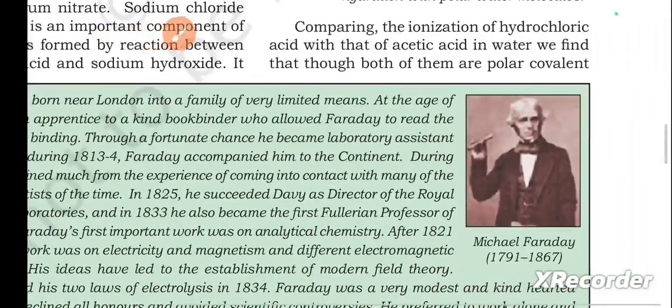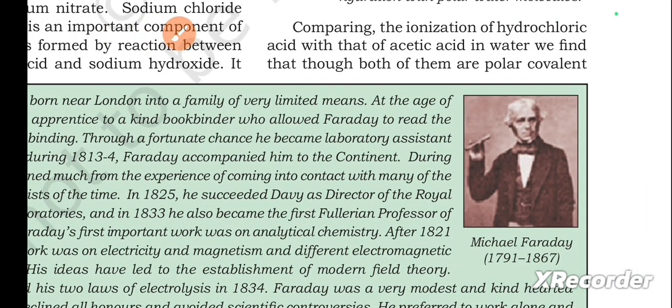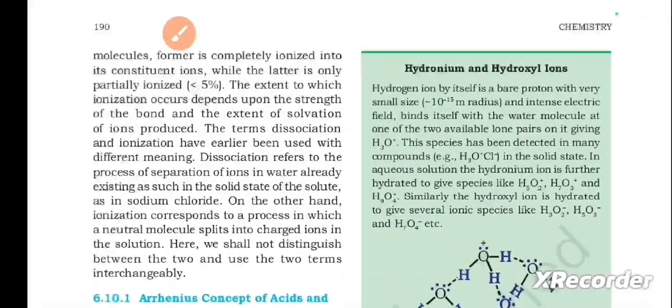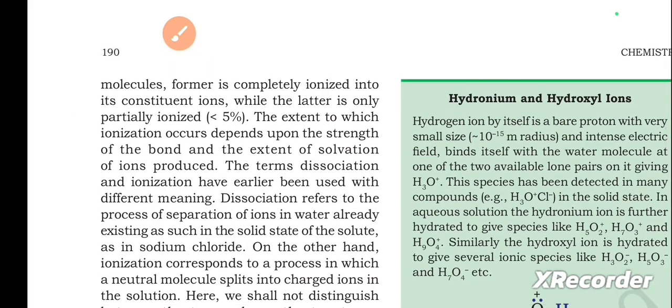Next, comparing the ionization of hydrochloric acid with that of acetic acid in water, we find that though both of them are polar covalent molecules, the former is completely ionized into its constituent ions while the latter is only partially ionized. The extent to which ionization occurs depends upon the strength of the bond and the extent of solvation of ions produced.